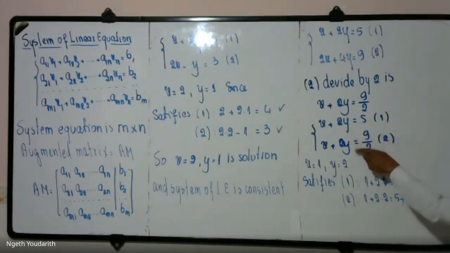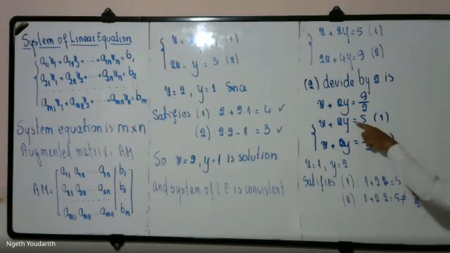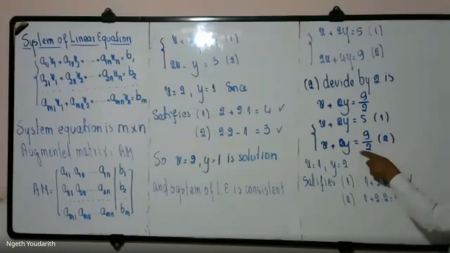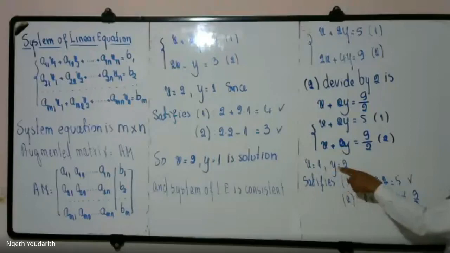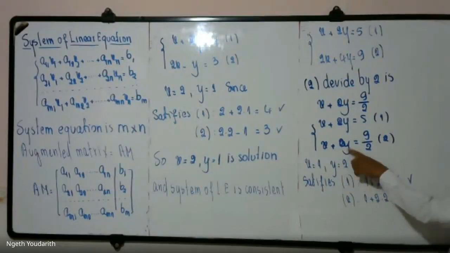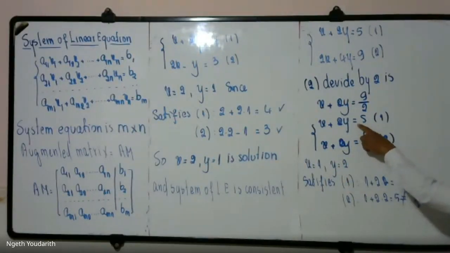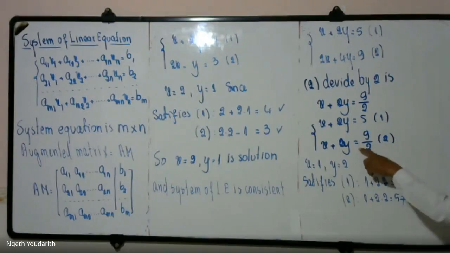So how can we call this system? Does the system have a solution or no solution? No solution. This system has no solution because x equals 1 and y equals 2 is certified only for equation 1, but it is not certified for equation 2.